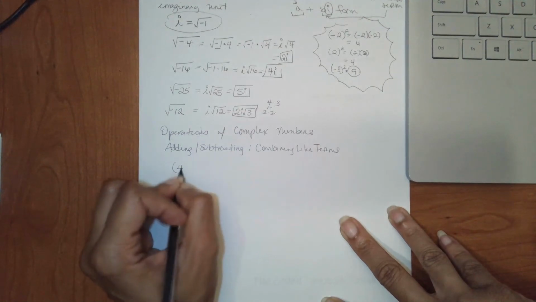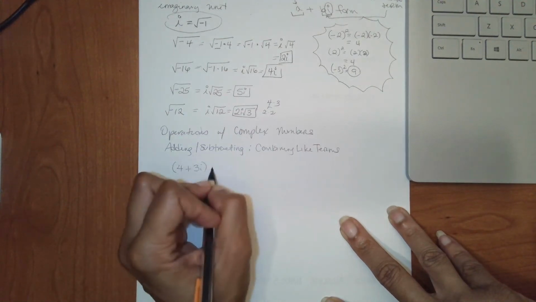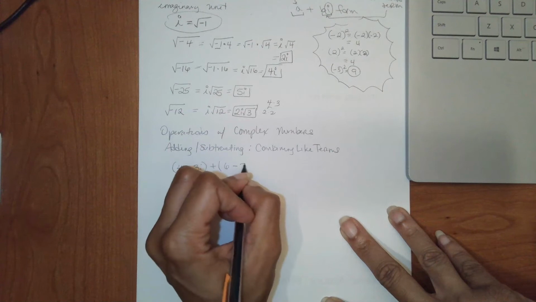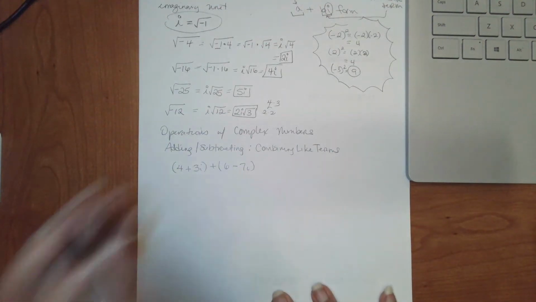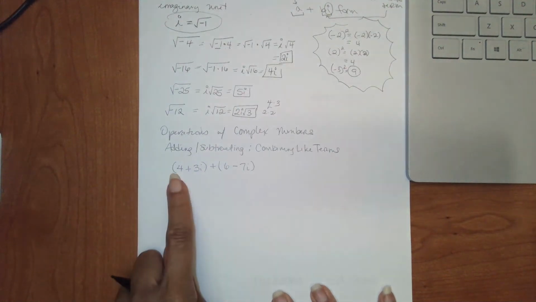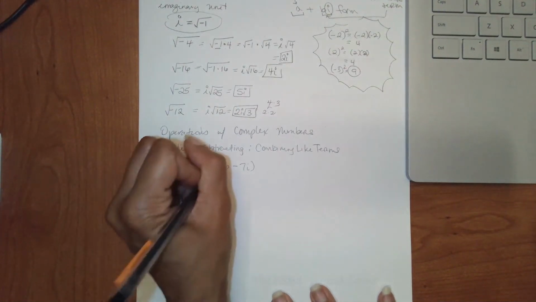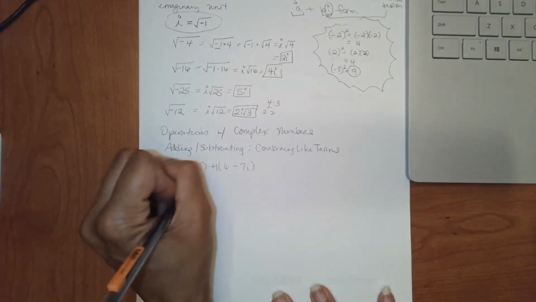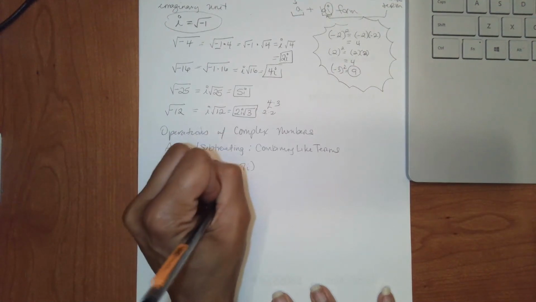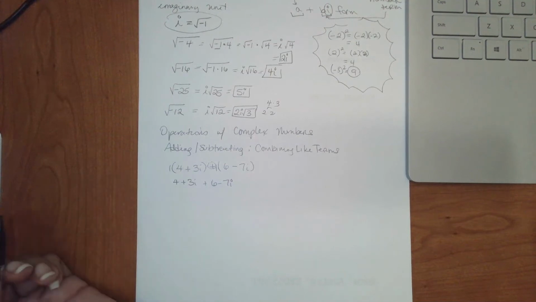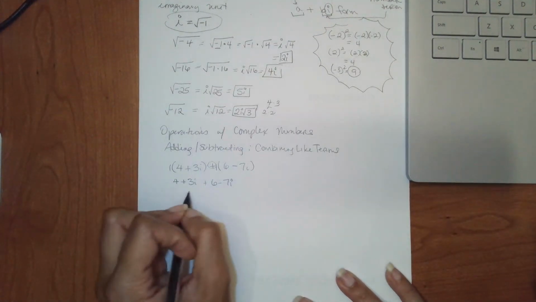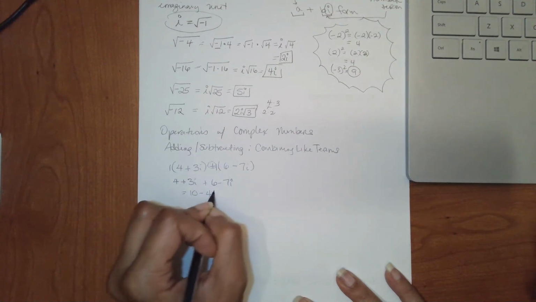Let's look at 4 plus 3i plus 6 minus 7i. We have imaginary ones outside the parentheses, so we can just do 4 plus 3i plus 6 minus 7i, because we're just combining like terms. There's a plus sign clearly between these, so it's not a multiplication. Combining like terms, we end up with 10 minus 4i.